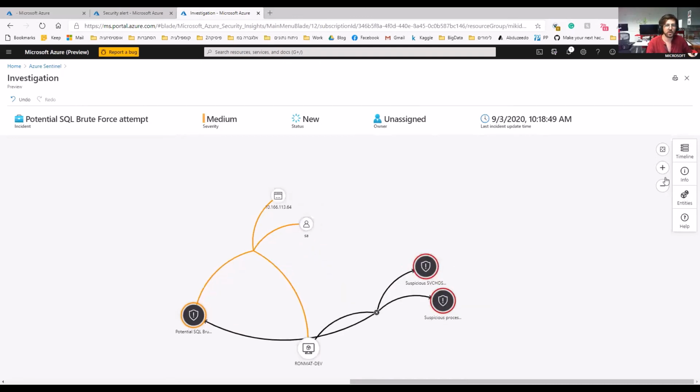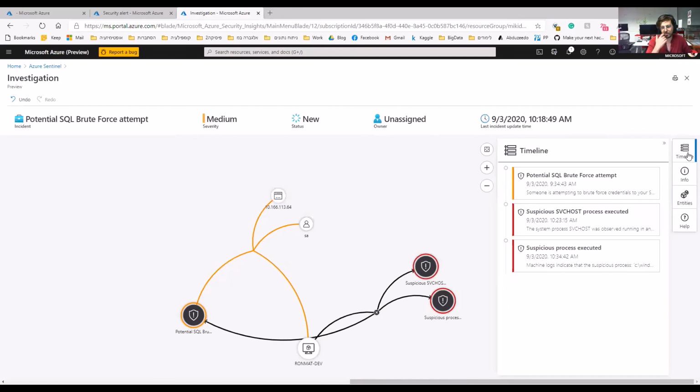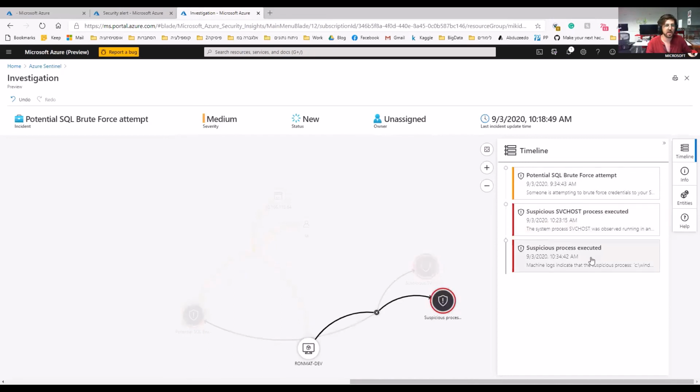Using the timeline, we can see that the pattern that I just told you about, and actually the pattern that I have done on the machine, is what happened. Someone breached the machine using SQL brute force, and then ran through the xp_cmdshell, CSV host, and executed a suspicious process, which is an indication of a crypto miner.